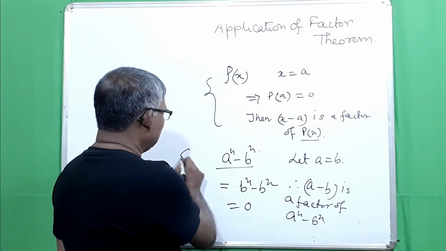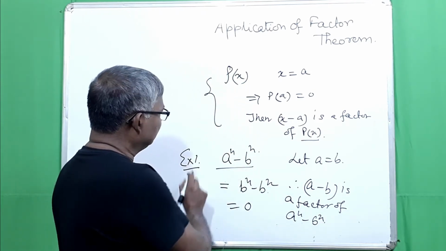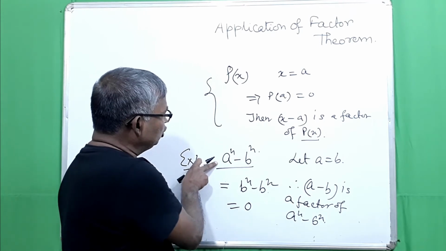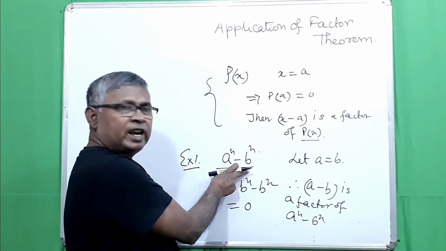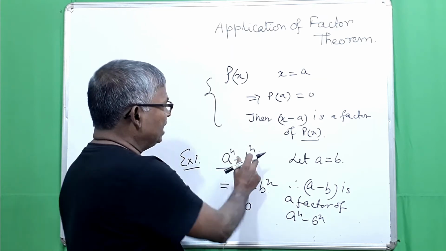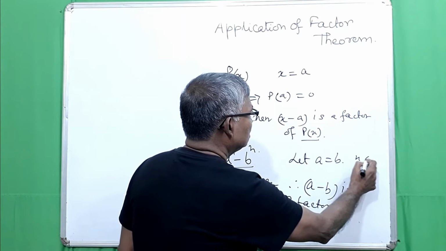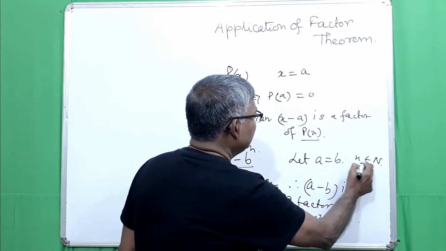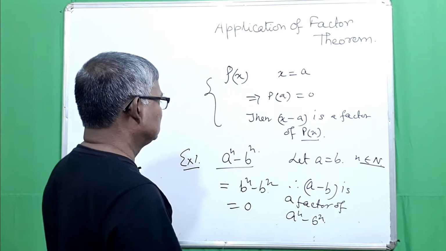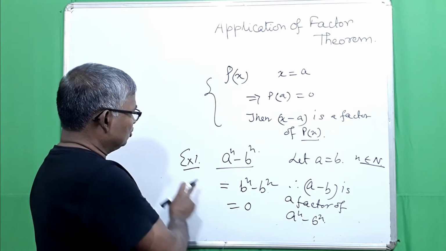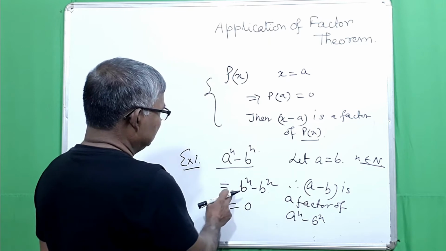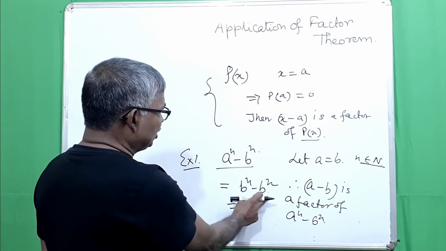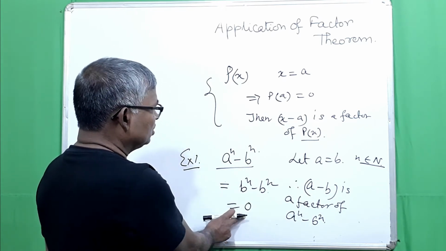Let us consider the problem a to the power n minus b to the power n. It is an algebraic expression of a and b, where n is any natural number. So, if we put a equal to b, we get b to the power n minus b to the power n, that is 0.